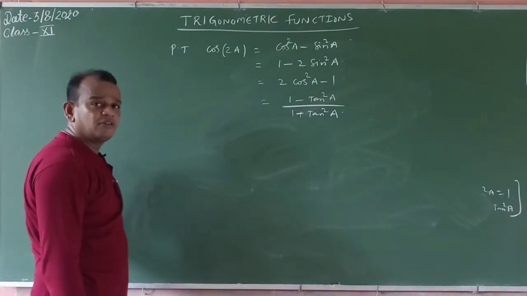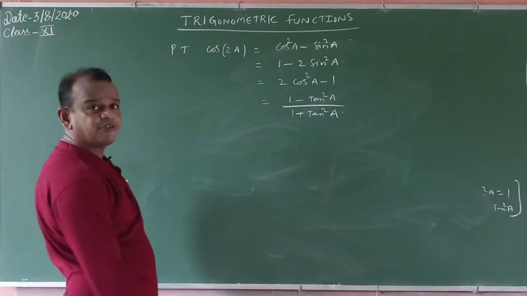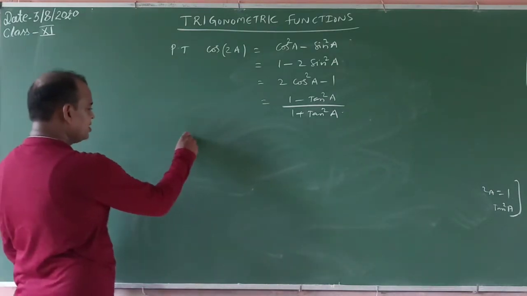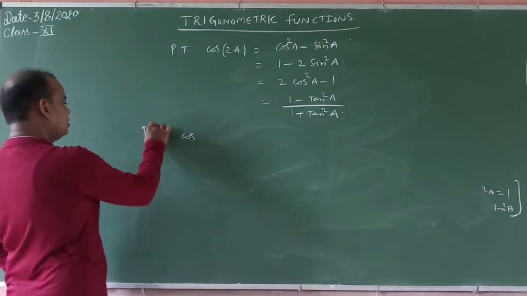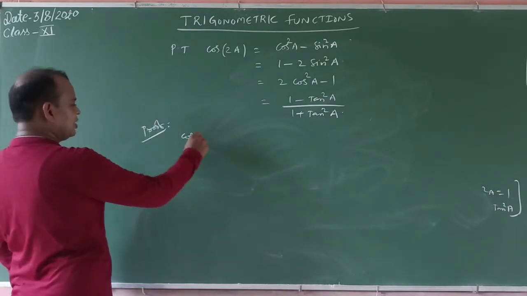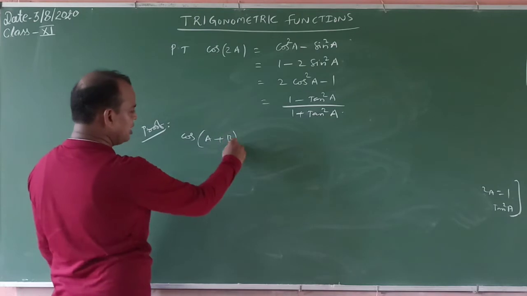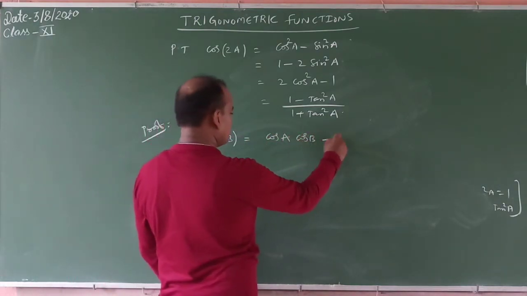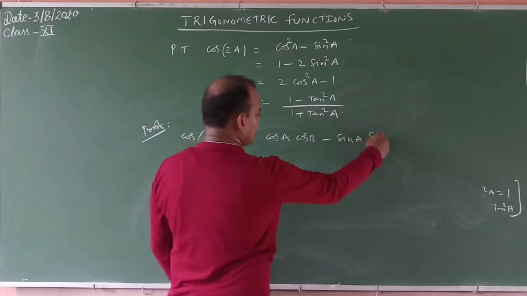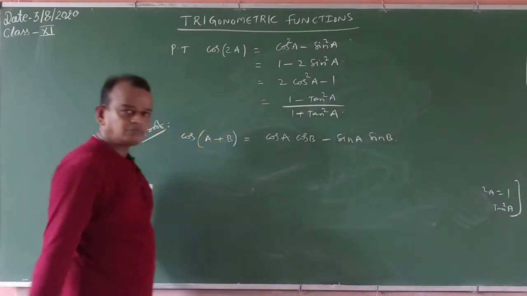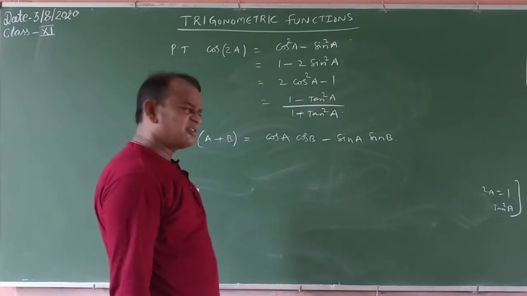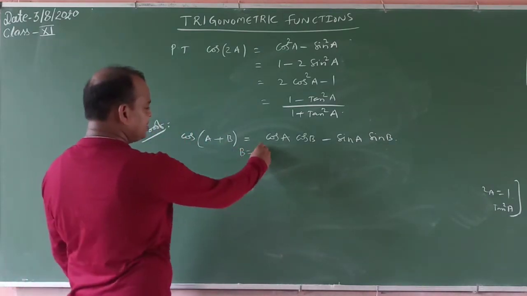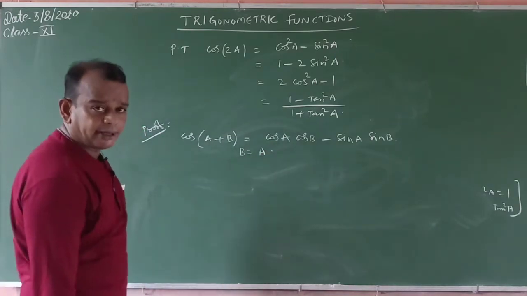Now, you know the formula. How to prove this one? We know very well the cos of A plus B formula. Say yes or no? Proof or solution. What is the cos of A plus B? Cos A cos B minus sin A sin B. The same way, replace B by A. Instead of B, we write A. What happened?